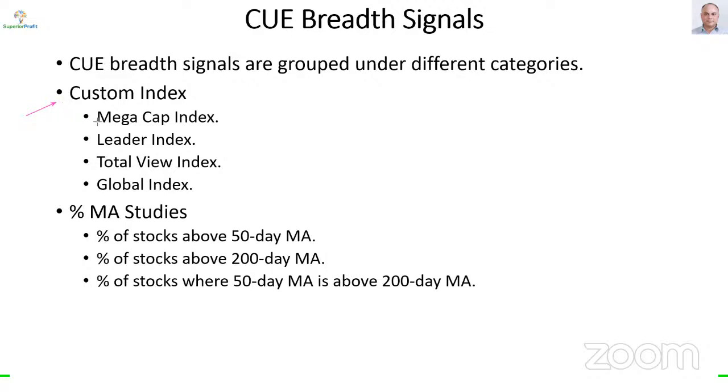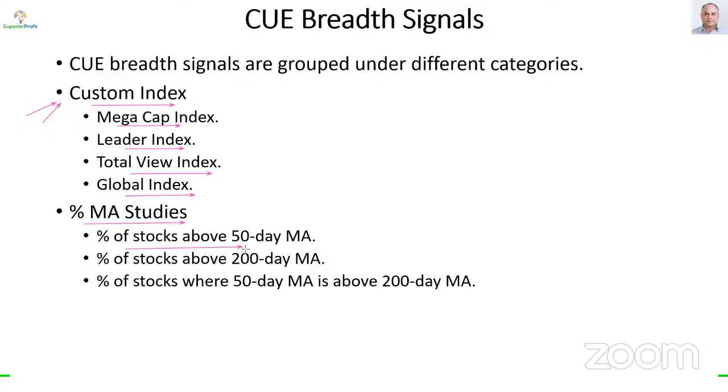Some are custom index kind of categories, like mega cap index, leader index, total view index, and global index. They are custom indices, special indices built in Q Global. Another category is percentage moving average studies, how stocks are moving relative to moving averages across different indices.